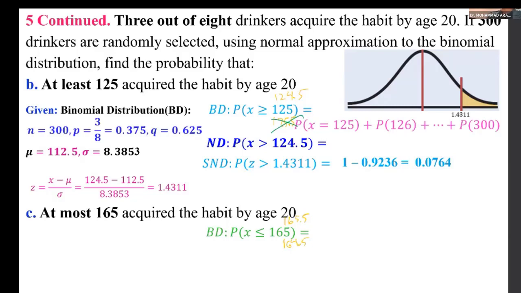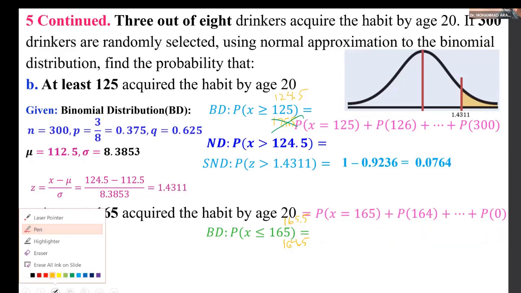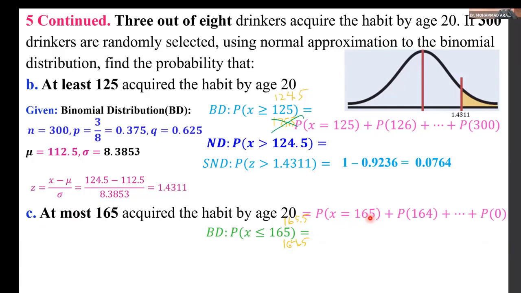So to see what we need to use, understand less than or equal to 165 means the probability of x equals 165 plus 164 all the way to 0. That is the meaning of it, which means the first discrete number is 165.